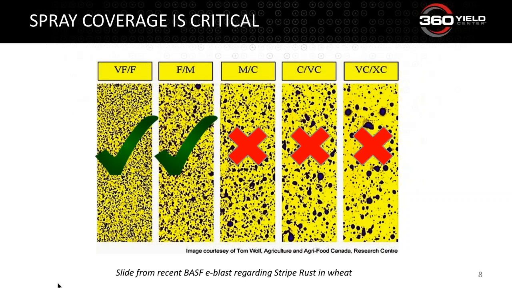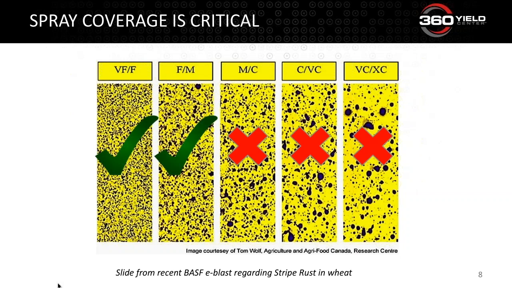I borrowed this slide from a recent e-blast that we saw from BASF. They had sent out a note on stripe rust. You've heard us talk about a lot of the wheat diseases that are potentially, and are, pretty bad this year. But I grabbed this slide because I thought it was a really fitting slide for our presentation this morning.